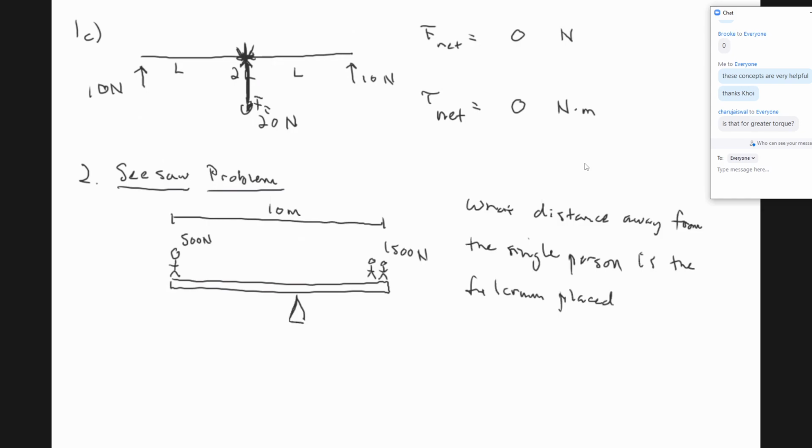So let's say this is the fulcrum. I want to know this distance d so that this system is in static equilibrium.